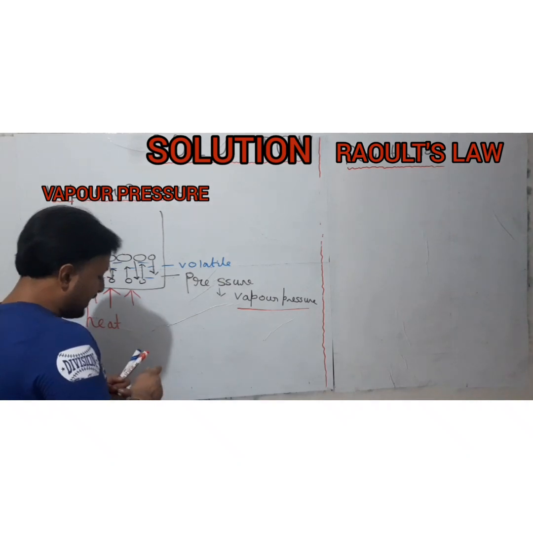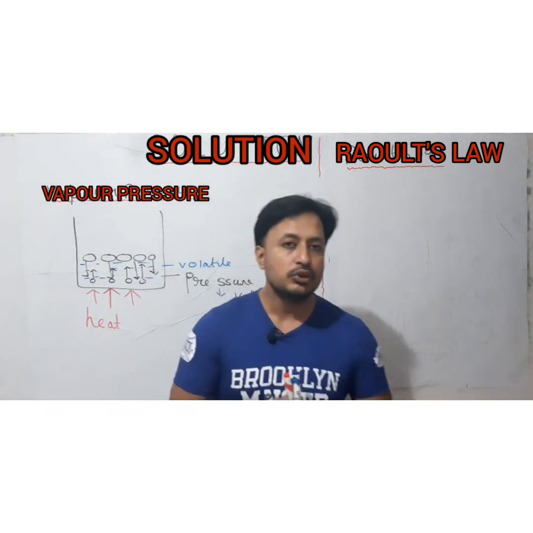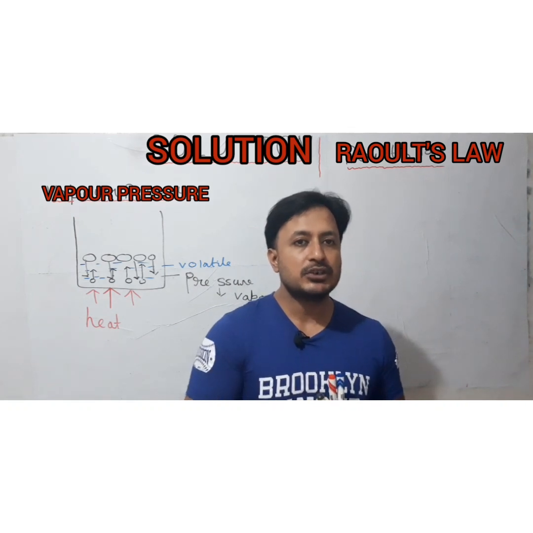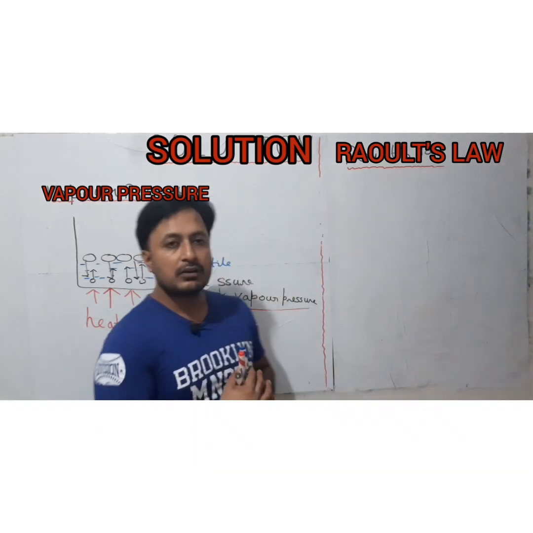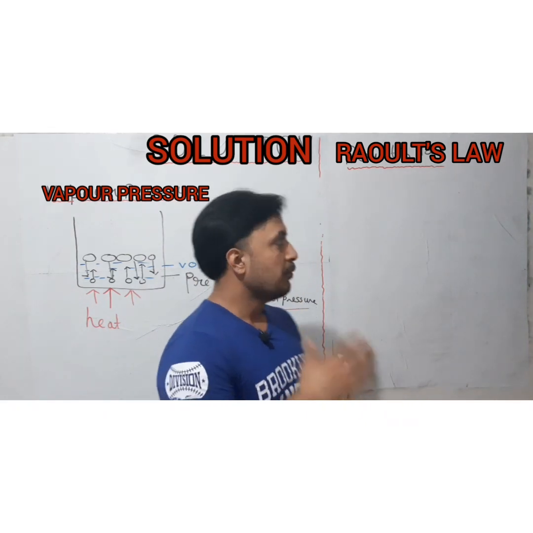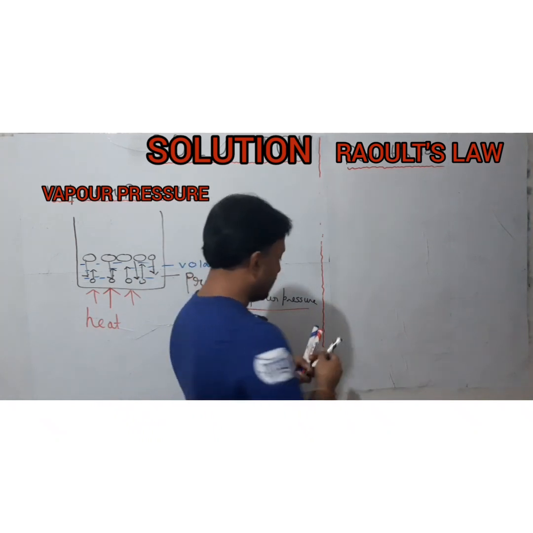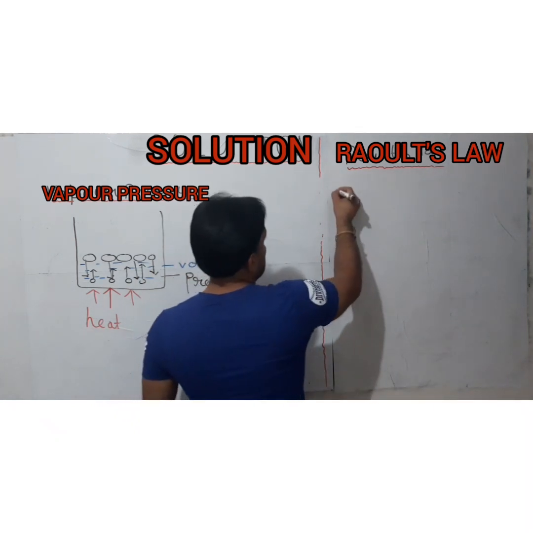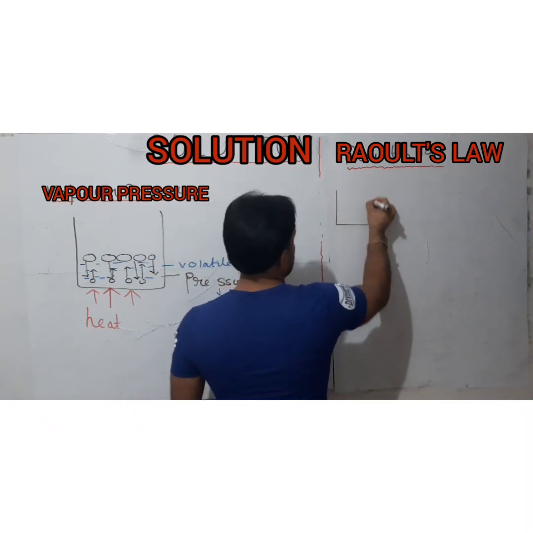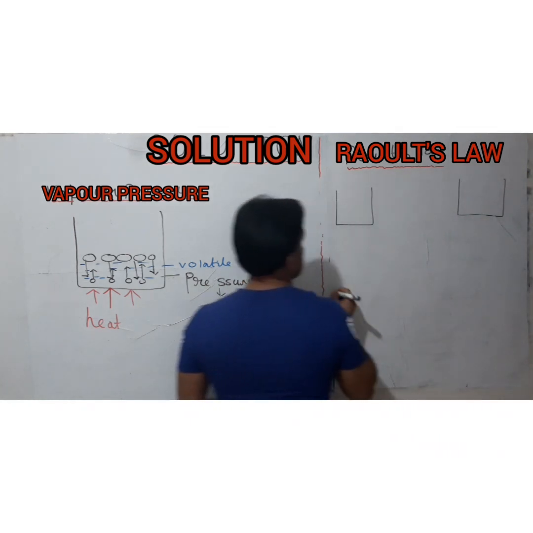Raoult's law states that in the case of a solution, if any solution is there, the vapor pressure or the pressure of the component is directly proportional to its mole fraction, but it is for the liquid. Now how? I will explain first, then you can understand. Suppose we have two liquids with us.